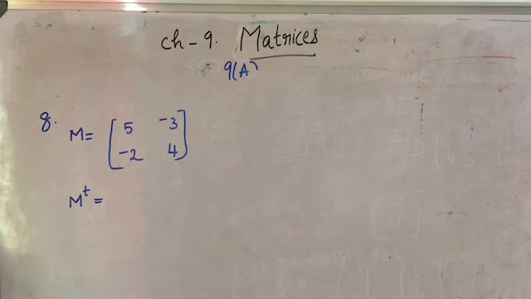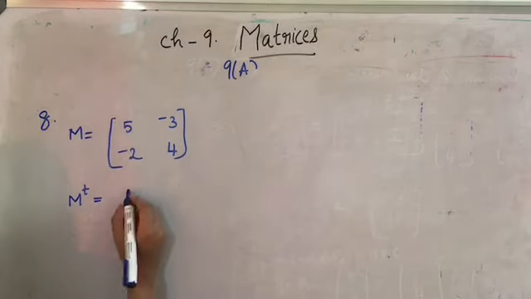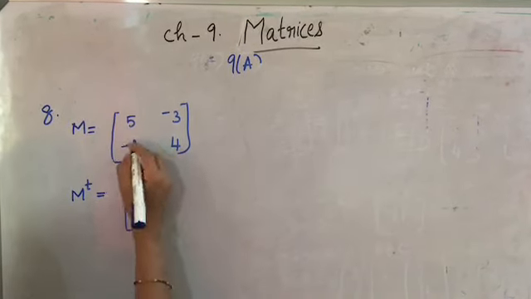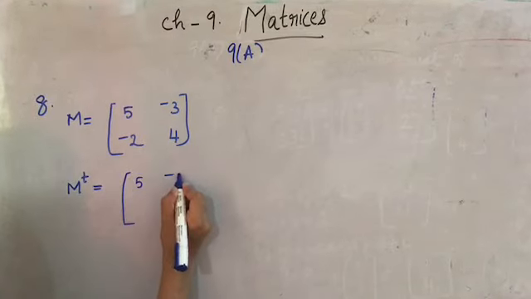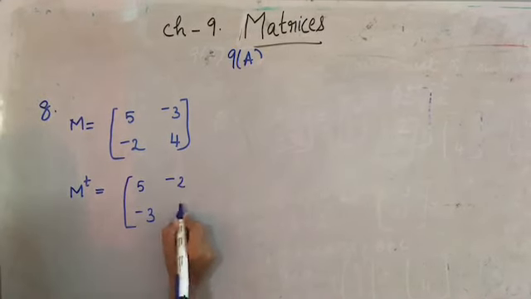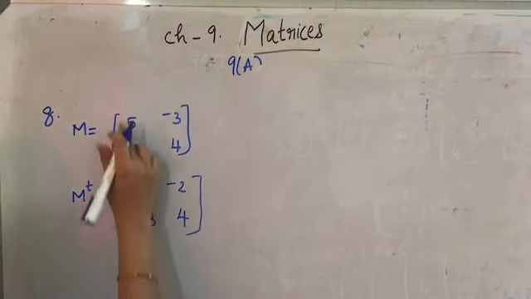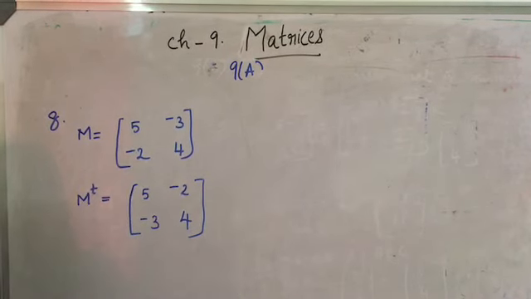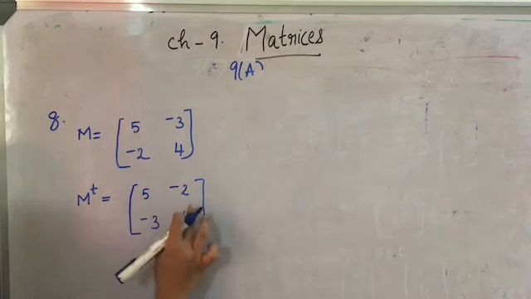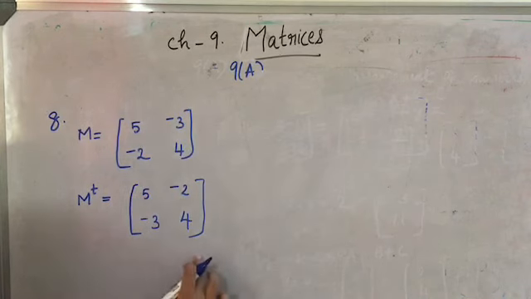When you are finding the transpose, the rows and the columns get interchanged. So let us interchange the rows and columns here. So we get [5, -2; -3, 4]. The row and the column get exchanged.